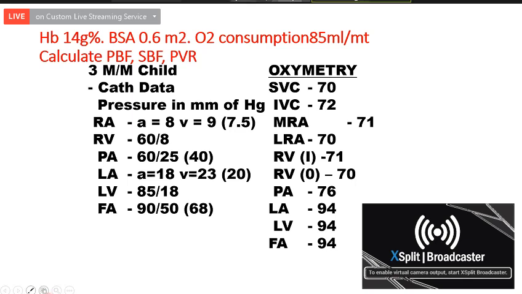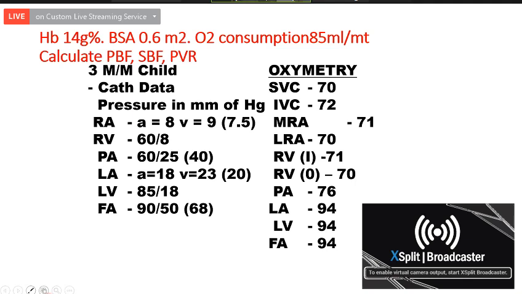So is LA 94 normal? Step down, sir. Then there is not step down. There is some degree of desaturation. You do not know whether it is really step down or desaturation. What is the difference? Step down is because of desaturated blood reaching a chamber where the oxygen saturation is down from the previous chamber.